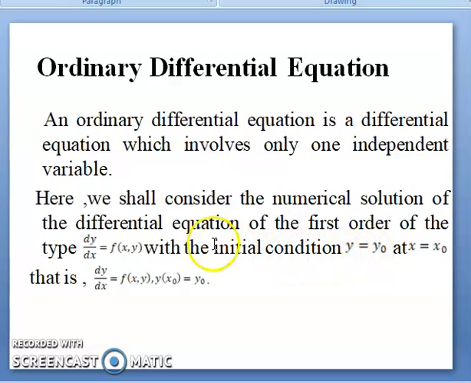That means dy by dx equal to f of x, y, y of x0 becomes y0. So this is the format of differential equation which involves numerical solution.